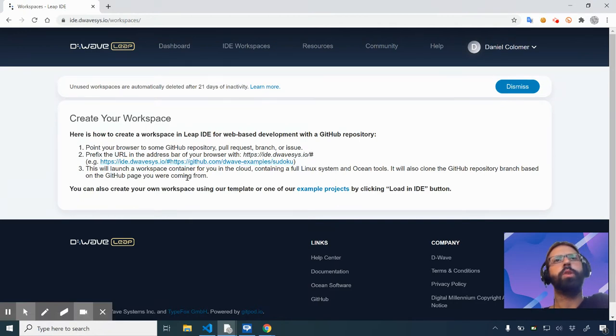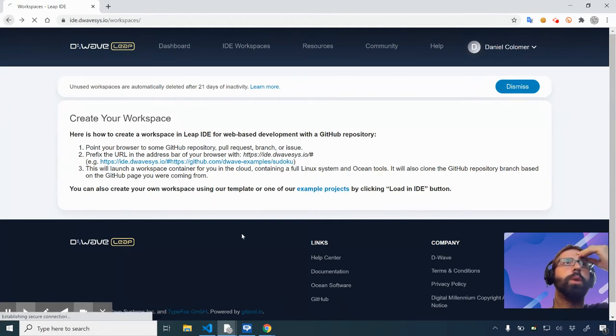This will launch a workspace container for you in the cloud containing a full Linux system and Ocean tools. It will also clone the GitHub repository branch based on the GitHub page you are coming from. You can also create your own workspace using our template or one of our example projects. Okay, so maybe we can start with a template, to be honest.